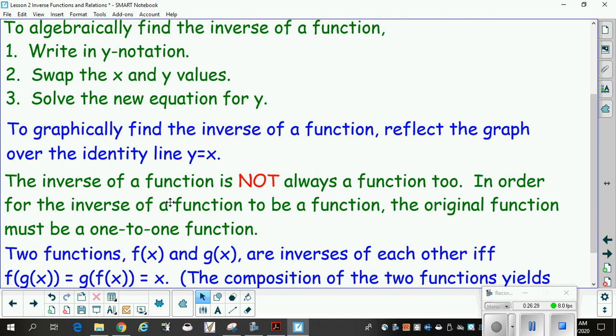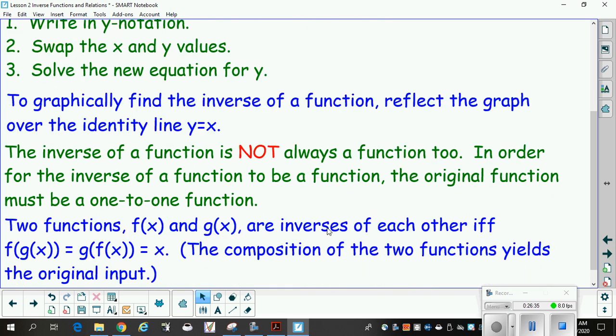Remember that the inverse of a function is not always a function too. In order for the inverse of a function to be a function, the original must be a one-to-one function. A lot of function words being thrown around. Finally, two functions, f and g, are inverses of each other if and only if f of g of x is equal to g of f of x equals x.